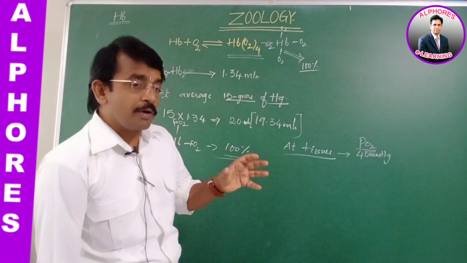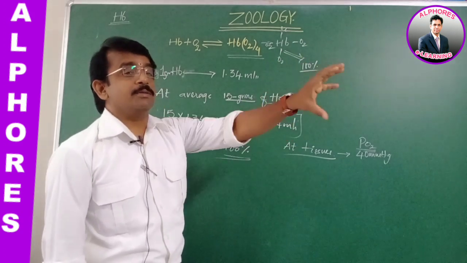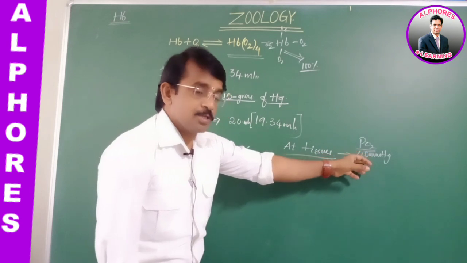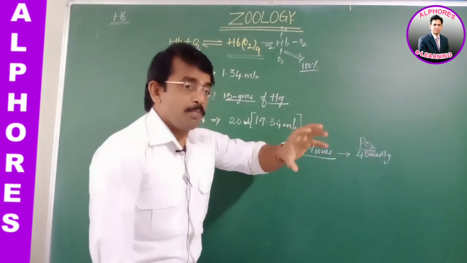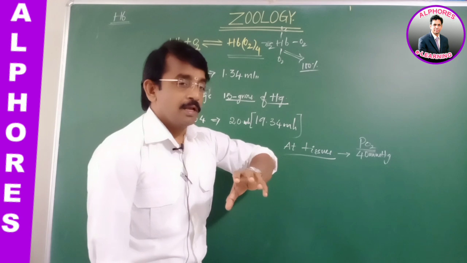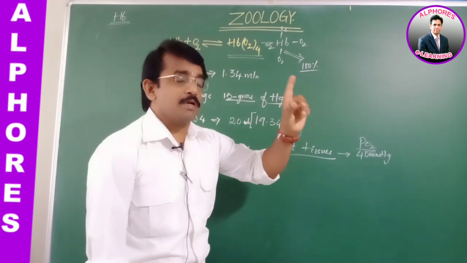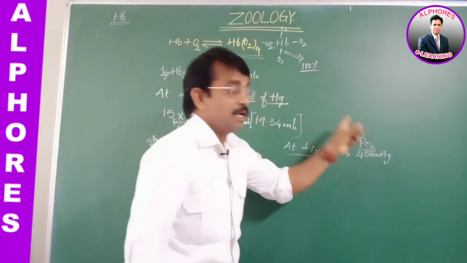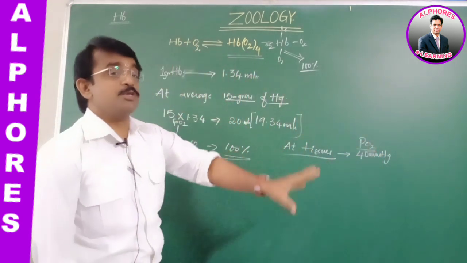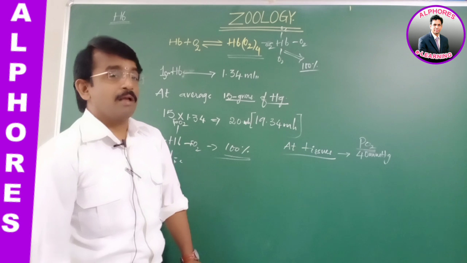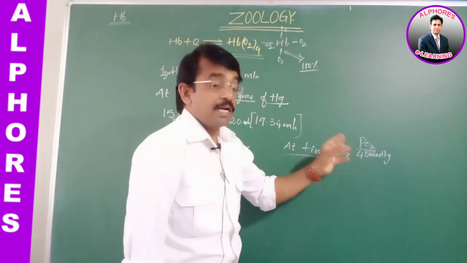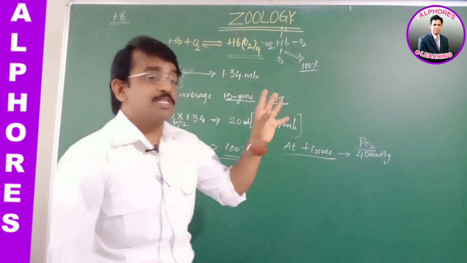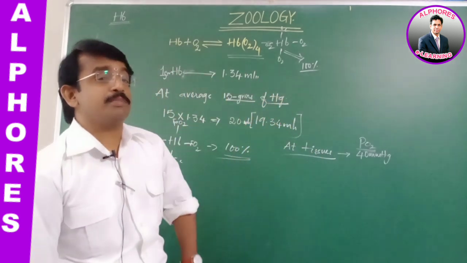Gases diffuse from higher concentration to lower concentration. At tissues 40 mmHg means low partial pressure. The oxygen dissociation curve explains the relationship between the partial pressure of oxygen and the saturation of hemoglobin. At 95 mmHg of partial pressure, the saturation of hemoglobin is 97%.